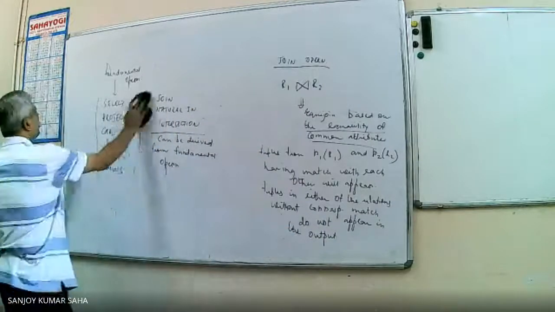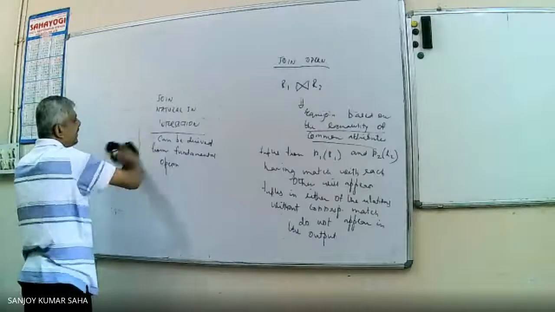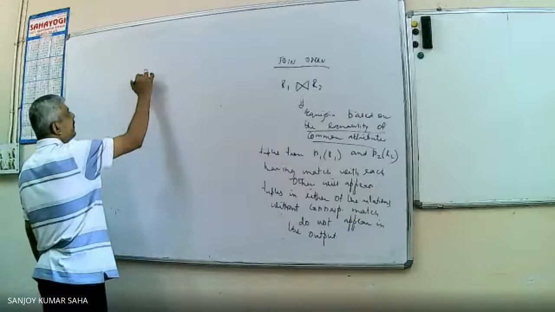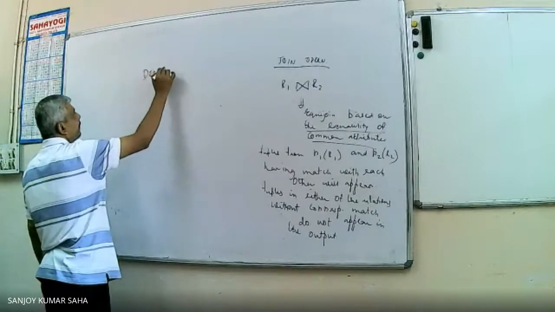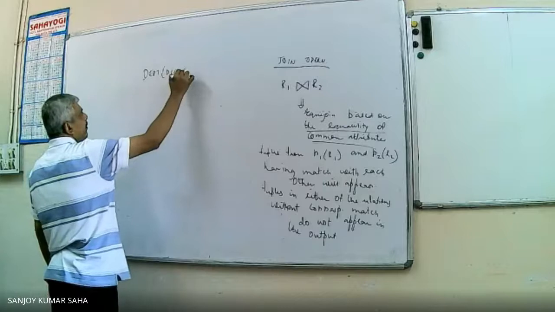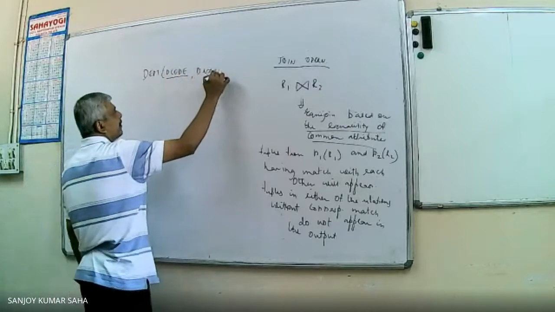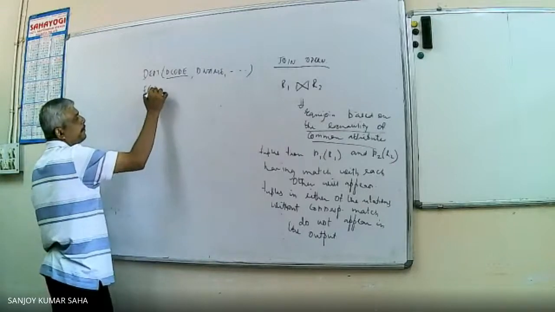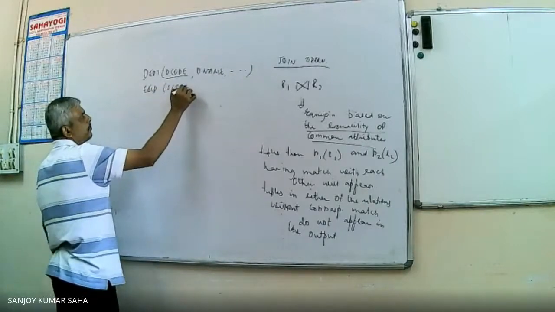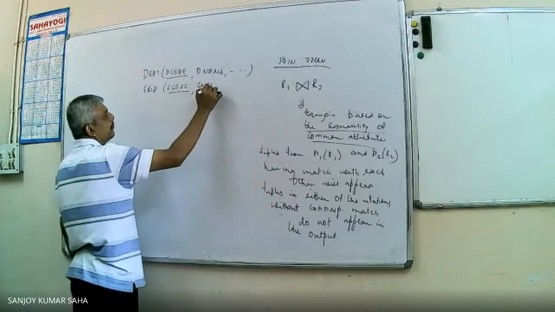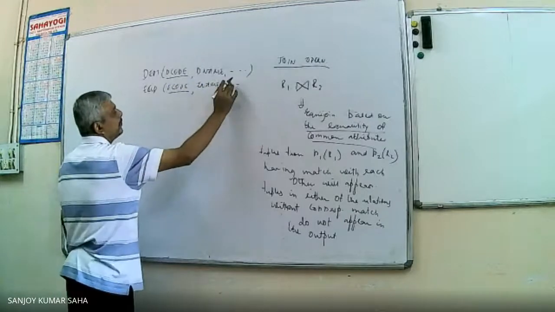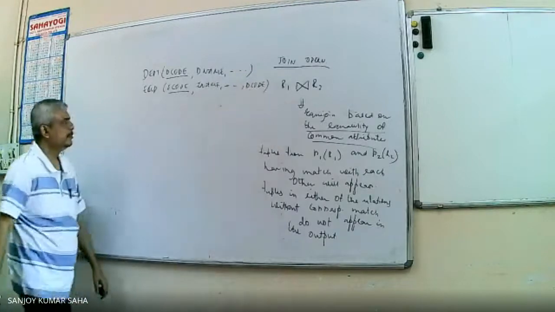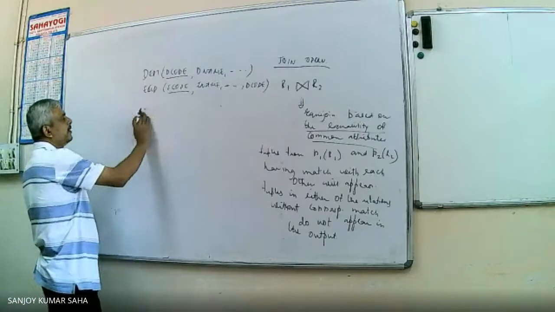Now see, this may create some confusion. Suppose we have department and employee, and say the department code is a common attribute.